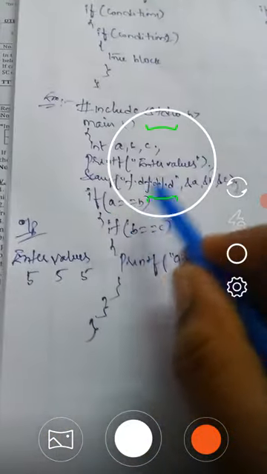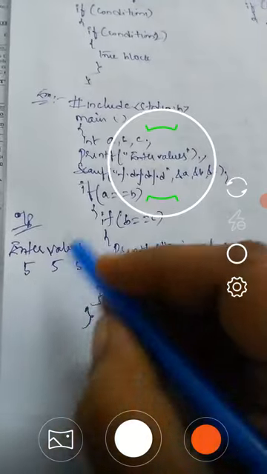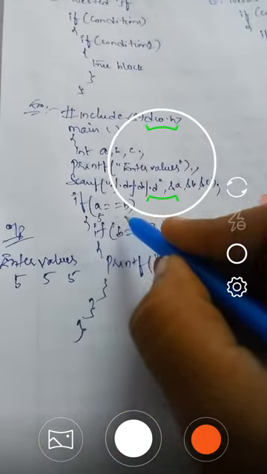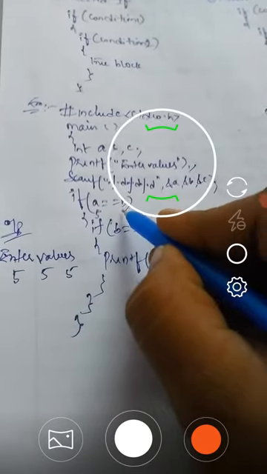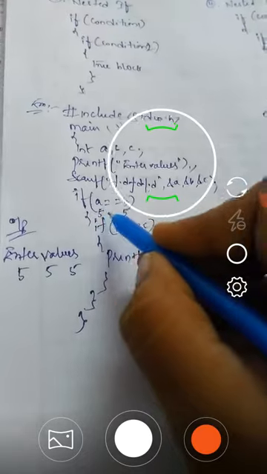After giving the values, this condition checks whether a is equal to b or not. Here a is replaced with 5 and b is replaced with 5. So this condition checks whether 5 is equal to 5 or not.